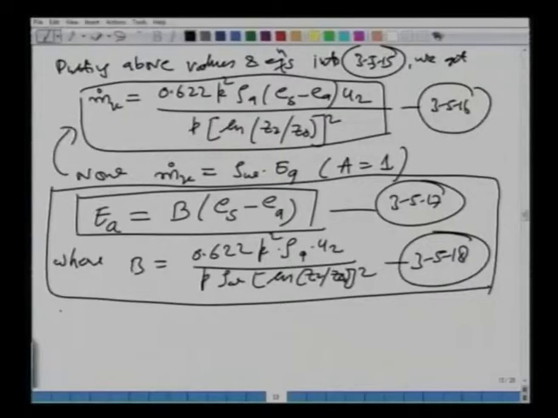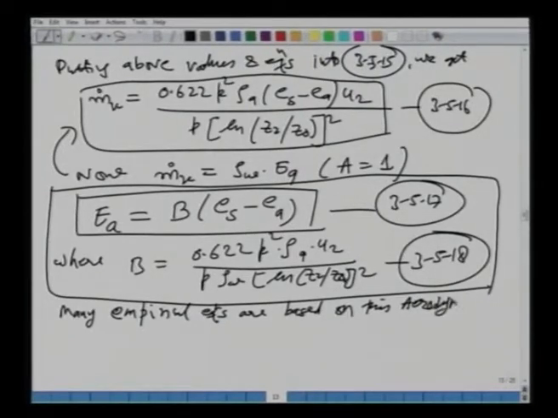So, we have already seen the empirical equations. What I am going to say is that many empirical equations are based on this aerodynamic method equation, the Thornthwaite-Holzmann equation. For example, what are those empirical equations?